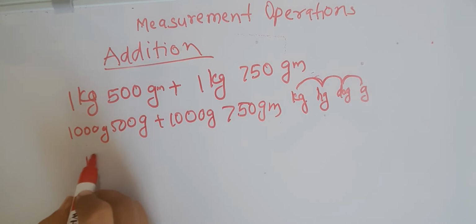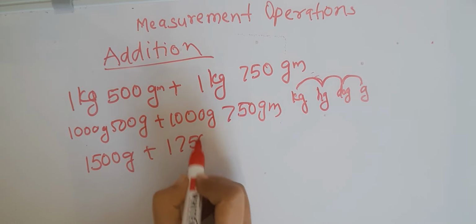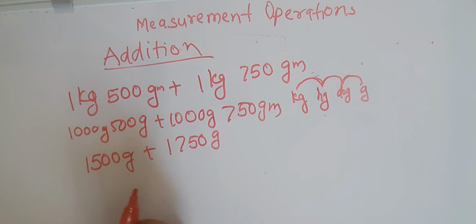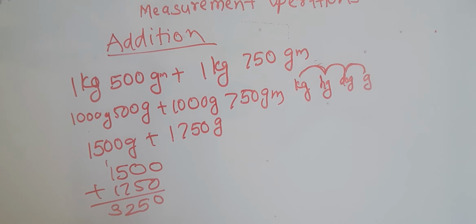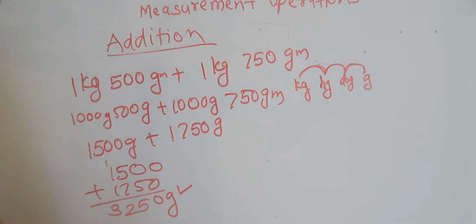That means it is 1500 gram plus 1750 gram. Perform the addition operation. 1500 plus 1750 is 3250. We have received the answer in gram, but we have to write the answer in a proper format. We have to convert this 3250 into a proper kilogram gram format.